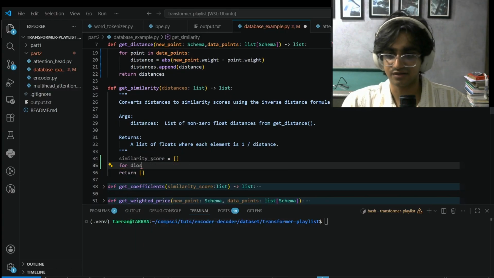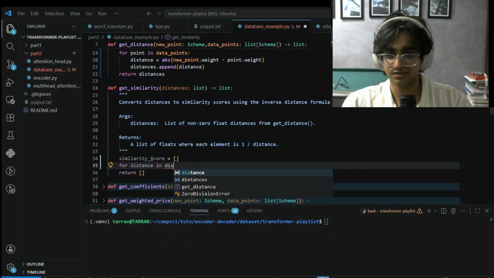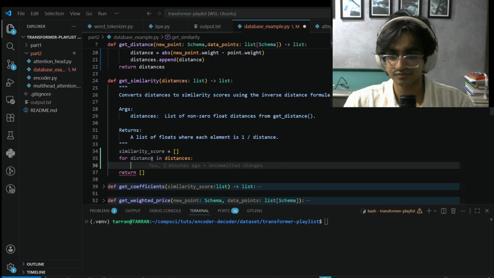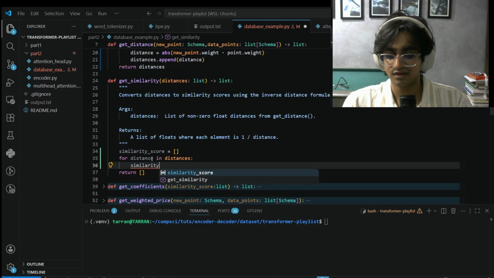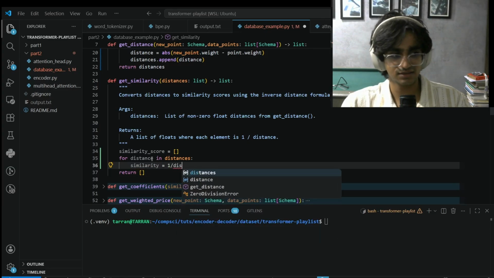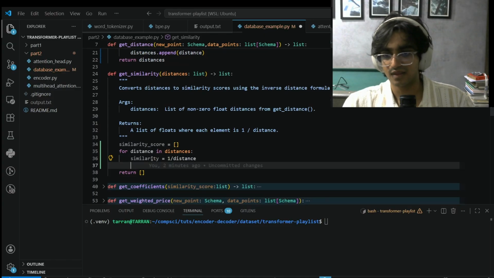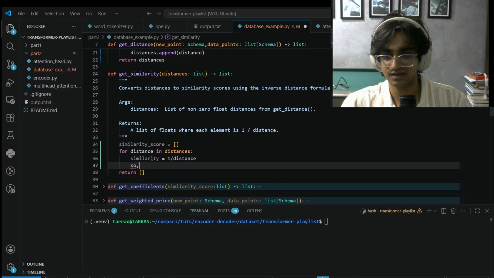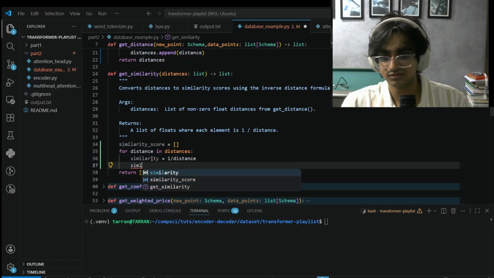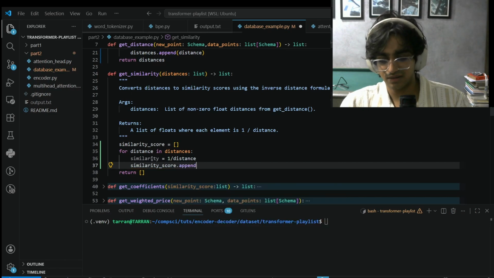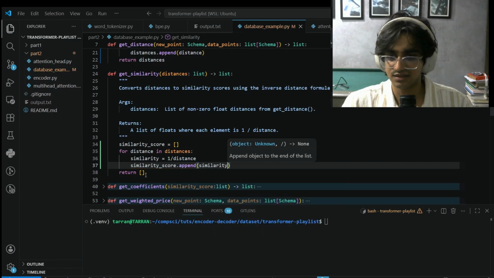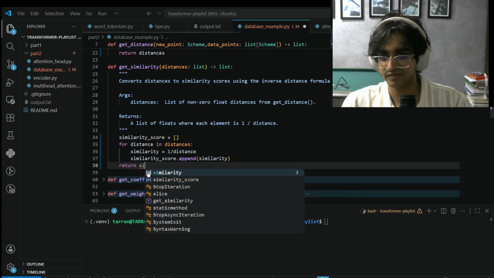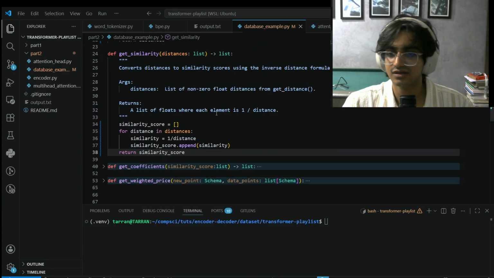We're going to iterate through it: for distance in distances, we simply want to calculate the similarity, which is essentially just 1 over distance. And we just append it: similarity score dot append similarity. Easy. And instead of the empty list here, we return your similarity score.